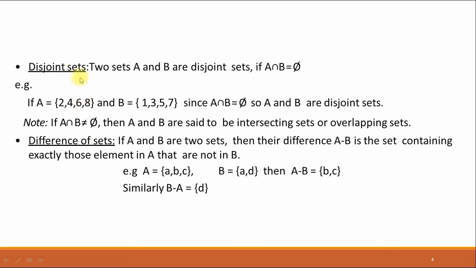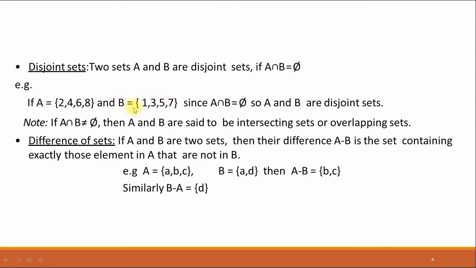Now, what are disjoint sets? Two sets A and B are said to be disjoint if they have no common element, that is, A intersection B is equal to the empty set. For example, this is a set A which contains the elements 2, 4, 6 and 8, and B contains the elements 1, 3, 5 and 7.